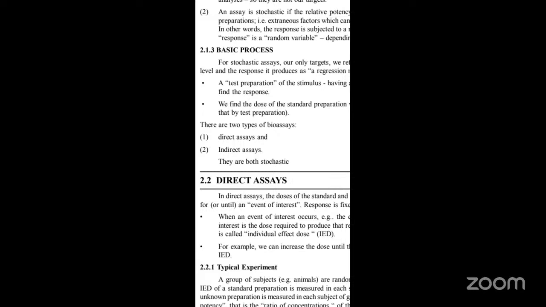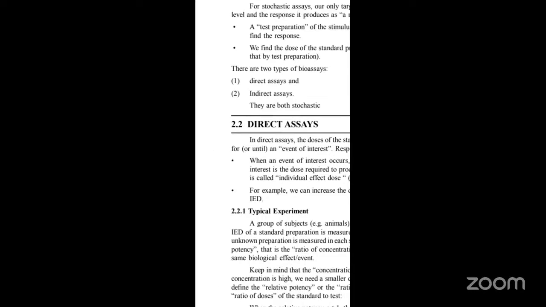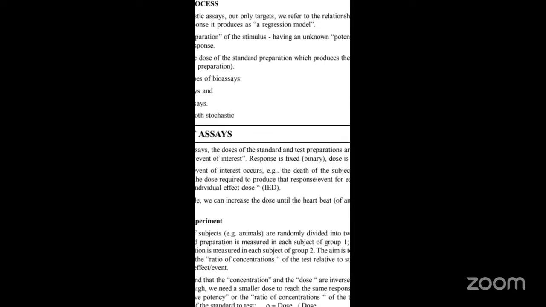So here, in direct assays, the dose of the standard and test preparation is directly measured until an event of interest. Response is fixed binary, dose is random. When an event of interest occurs, such as the death of the subject, the variable of interest is the dose required to produce that response event for each subject.